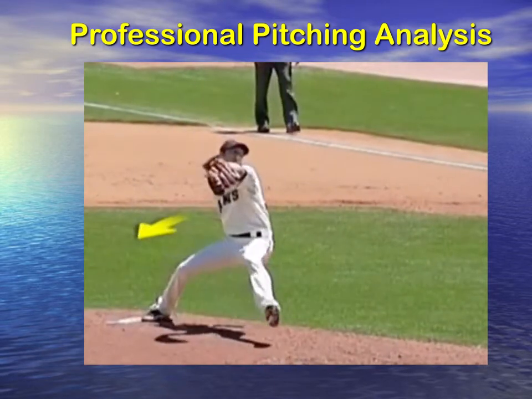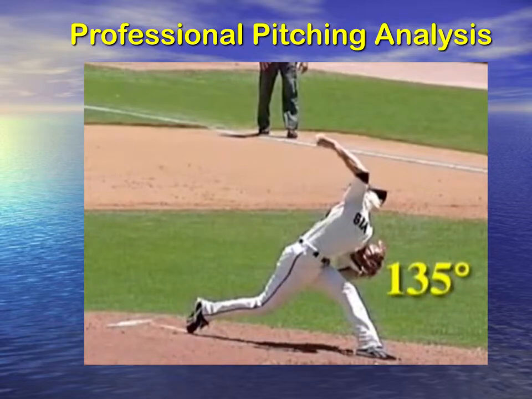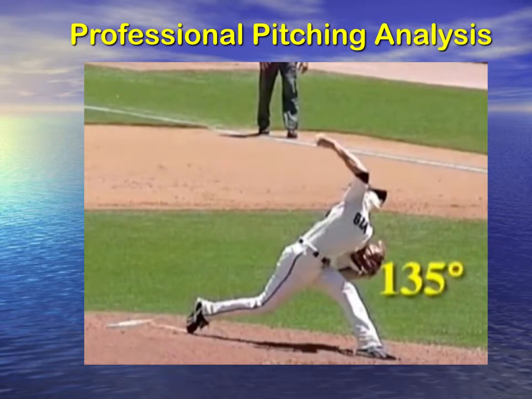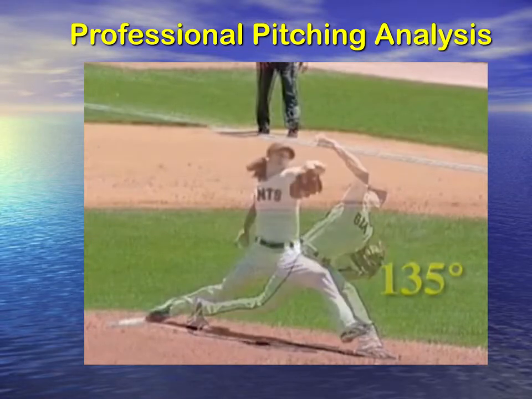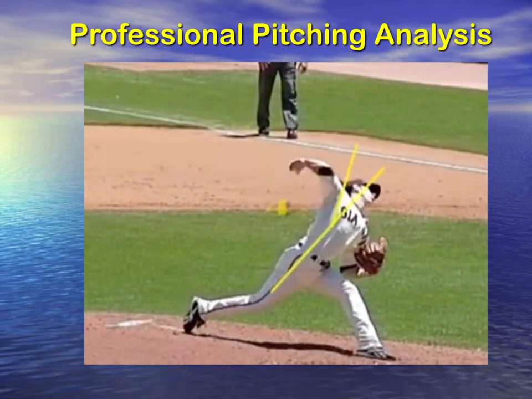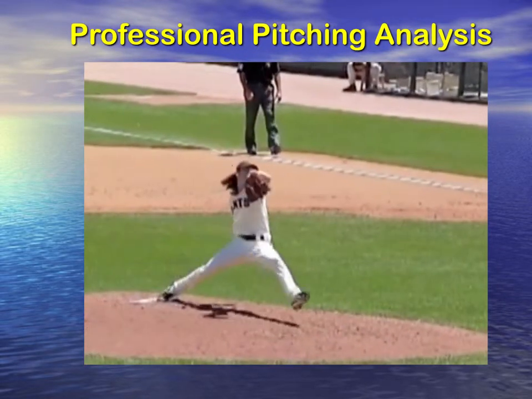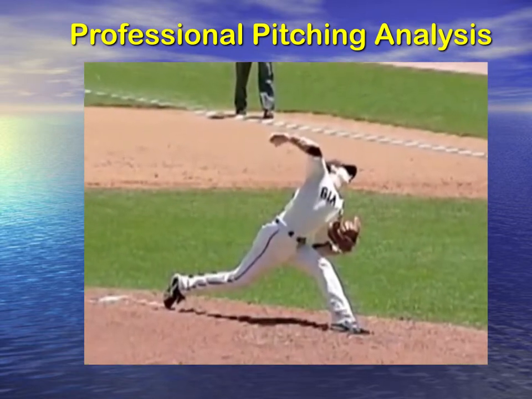Lincecum rotates his hips a full 135 degrees prior to releasing the ball. He also rotates his shoulders 135 degrees, extends his back 42 degrees, and rotates his arm back 65 degrees. Tim could actually increase his pitch speed by increasing his external arm rotation.